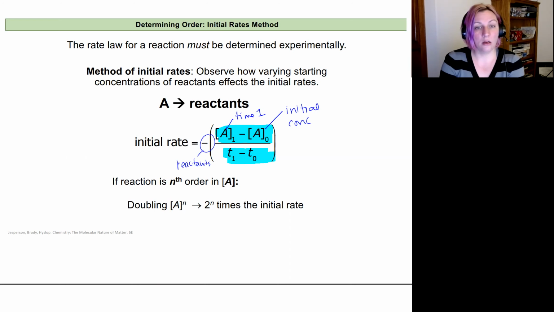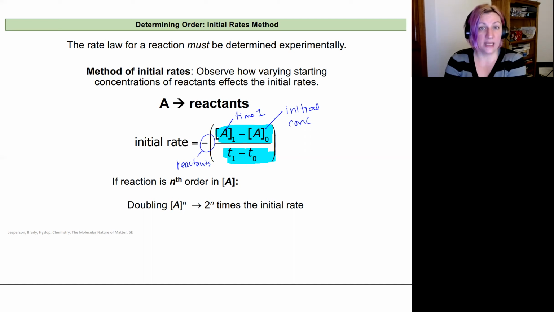So if our order for this reaction, our dependence on the concentration of A, is, let's say, zero, then we can change the concentration and we won't see a change in the initial rate. But if our order is one, then if we double our concentration initially of A, we should see the rate of the reaction initially be twice as much too.